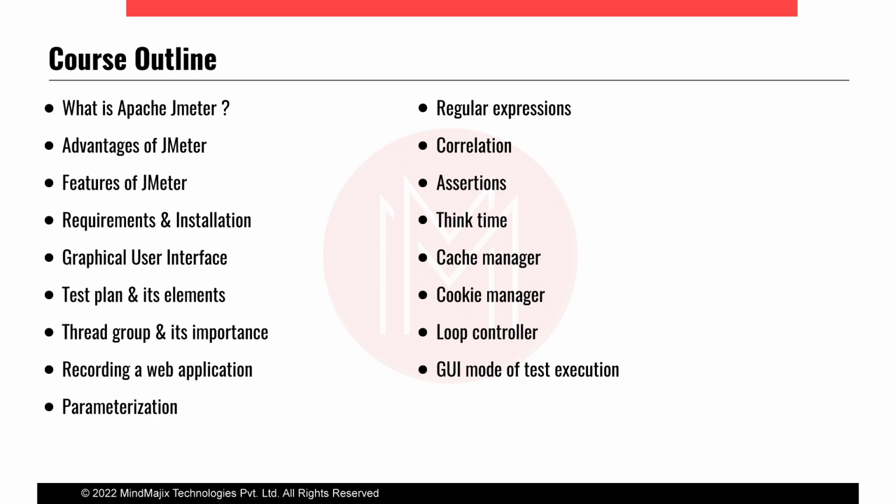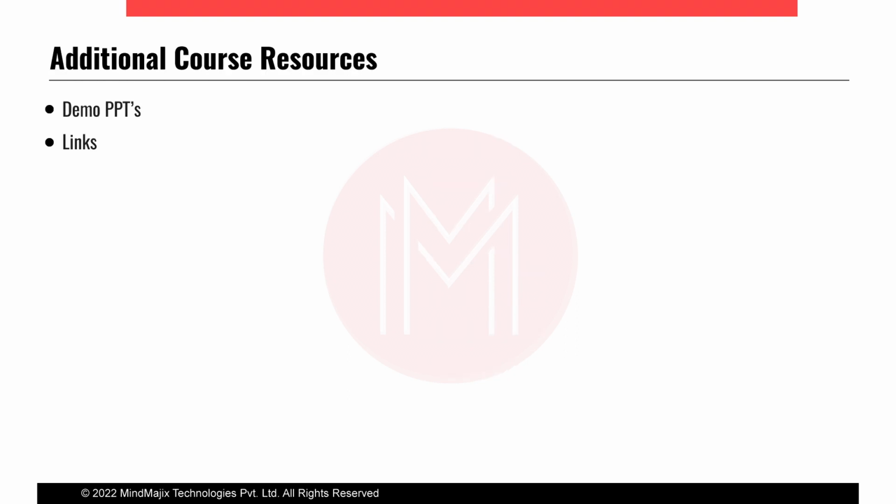Then I will explain one more advantage, which is how we compare with LoadRunner. LoadRunner is a licensed tool. It supports most of the protocols in the industry for any application. I will give a small demo on LoadRunner and the basic comparison, the main differences between LoadRunner and JMeter.